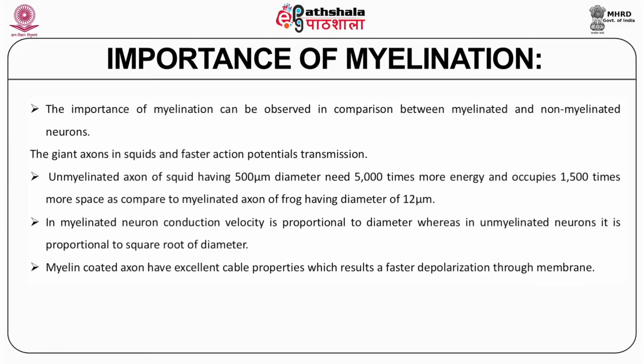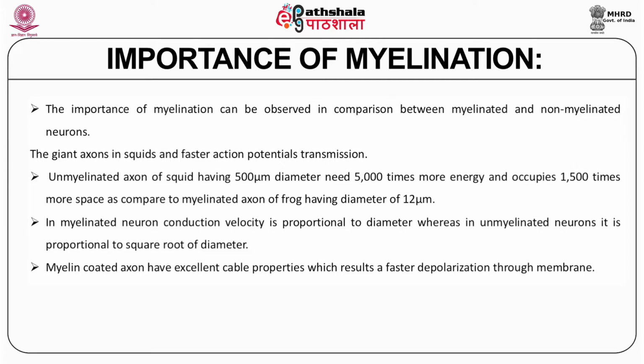The unmyelinated axons of squid, the giant axons having a 500 micrometer diameter, use 5000 times more energy and occupy 1500 times more space as compared to the myelinated axon of a frog having a diameter of 20 micrometers.